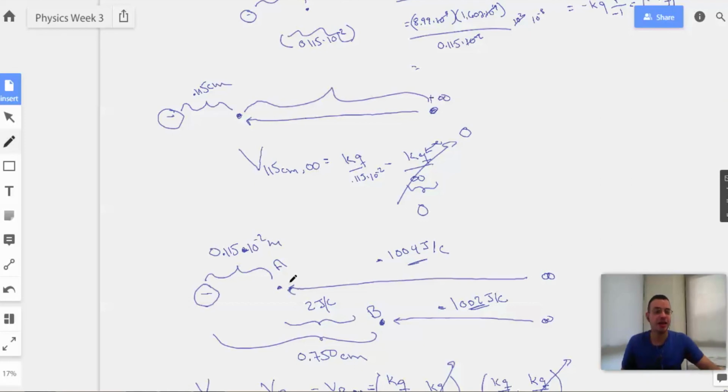So it would have a negative potential between A and B. And it matters if you're moving it from B to A, assuming these are positive, you have a negative potential because that'd be easy. And if you had a positive charge being attracted to the negative charge, you move it from A to B, then it would be positive because it would take work to pull your positive charge away from the negatively charged electron.